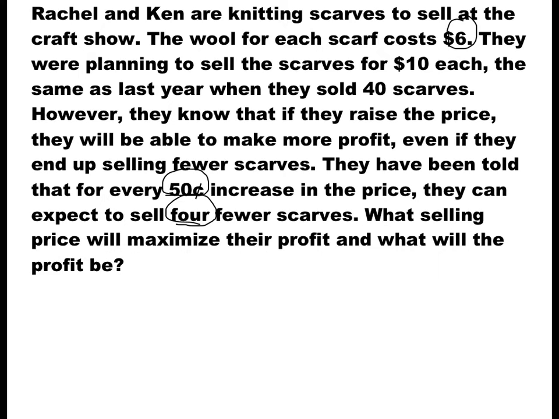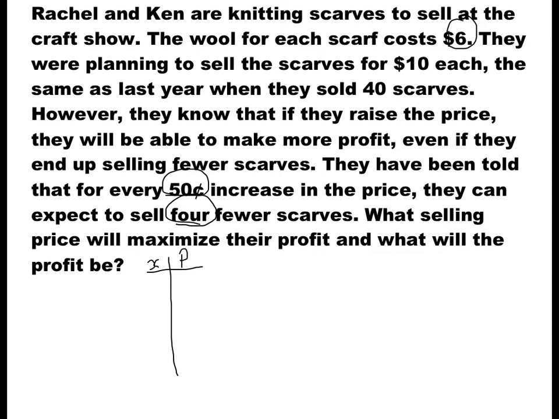To solve this problem, we are going to make a table of values to see if we can come up with a general formula for the profit. Let's say our table of values is in terms of x and p, which I'm going to explain.